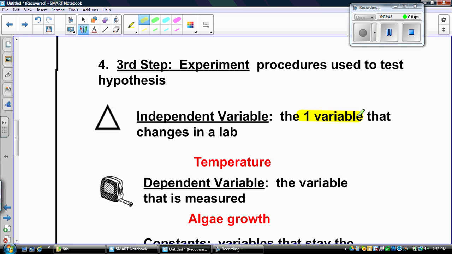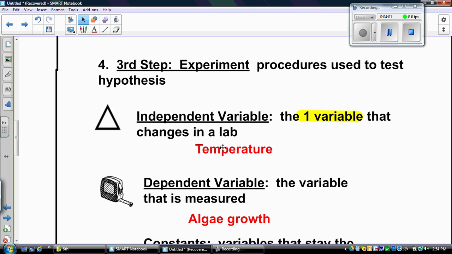So that's part of target 3, being able to identify a good experiment. A good experiment only has one variable that changes in a lab. So with our question, at which temperatures do algae grow the best? Temperature is what we're going to change. So we're going to put algae in different temperatures and see which temperature the algae will grow the best at.